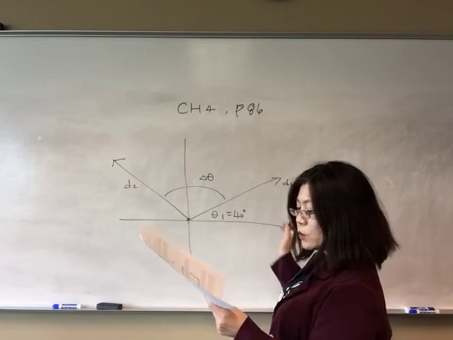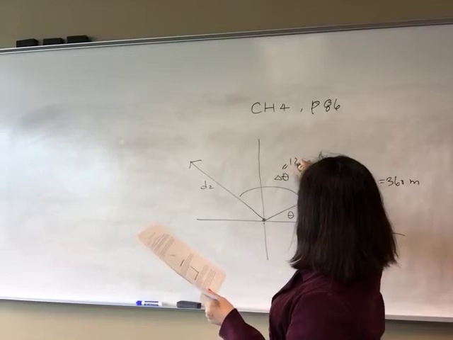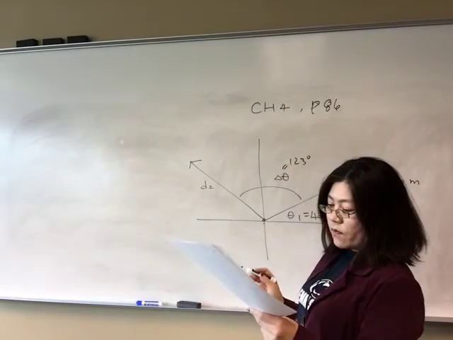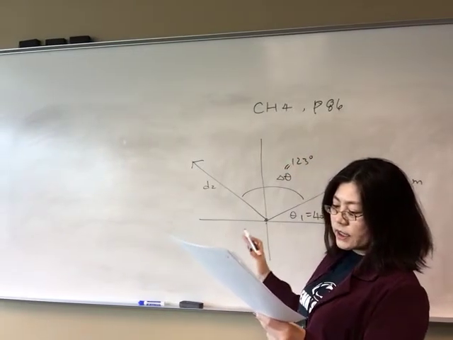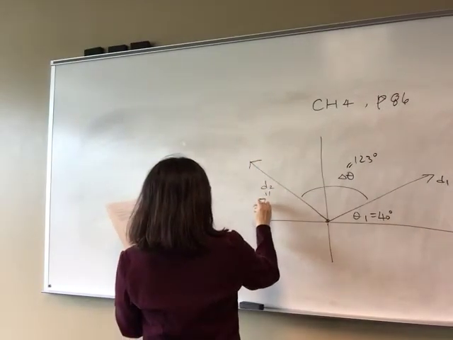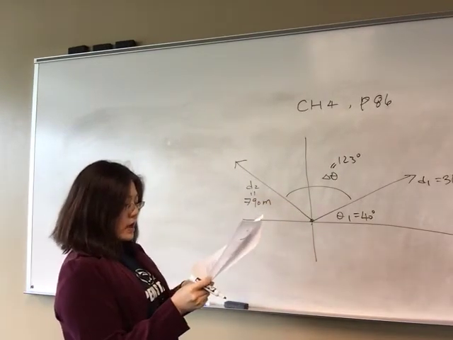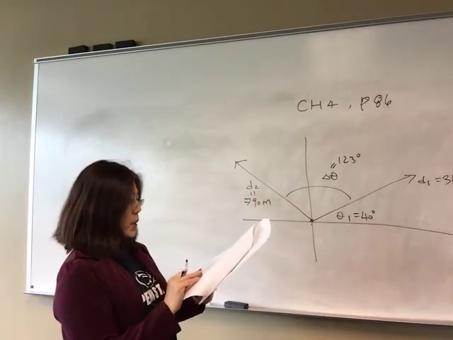The airplane is tracked through an angular change of 123 degrees in the vertical east-west plane. Its distance is then 790 meters. Find the magnitude and direction of the airplane's displacement during this period.